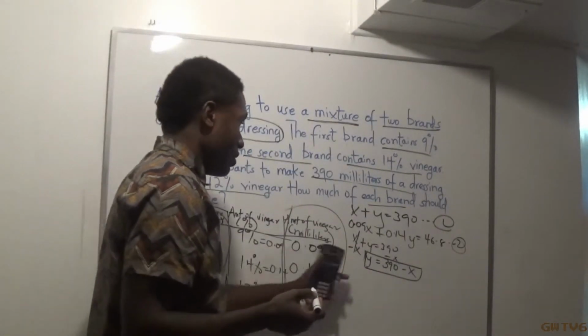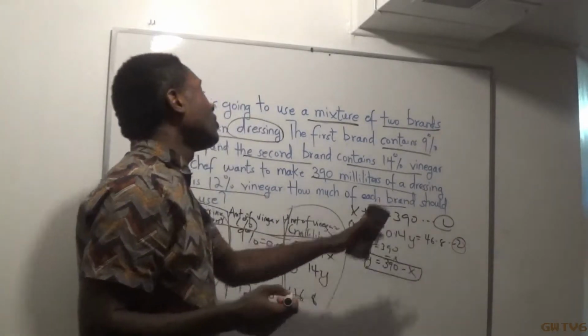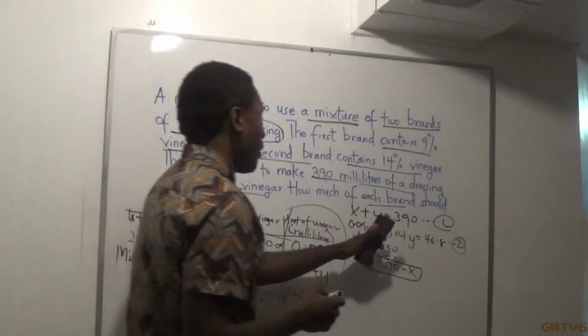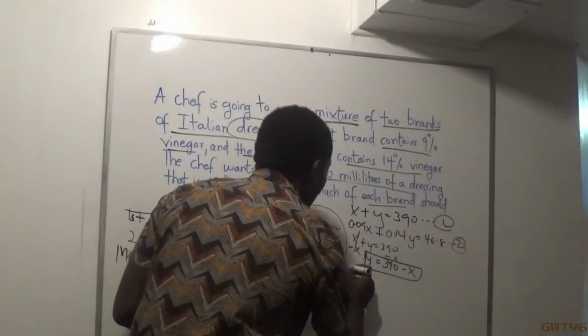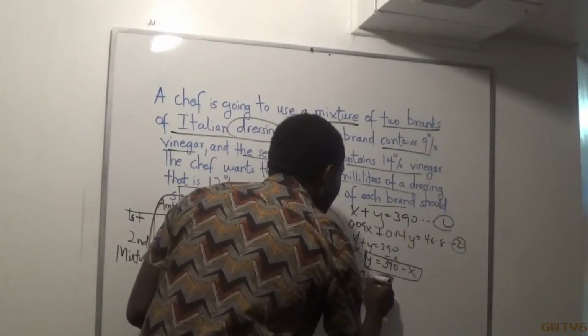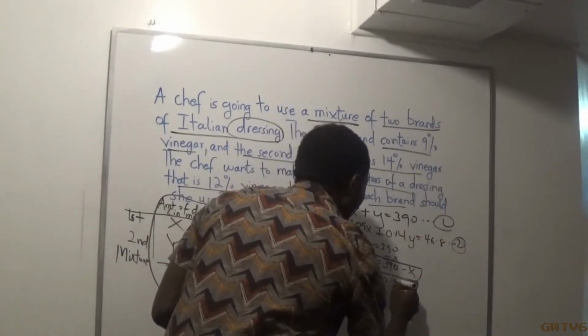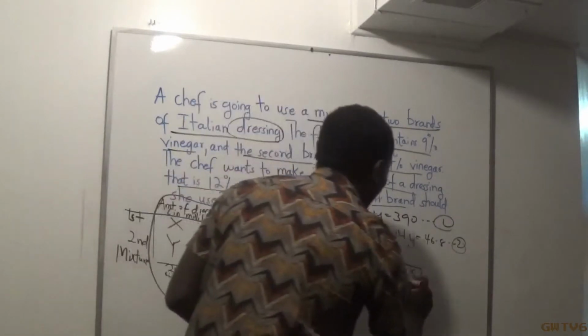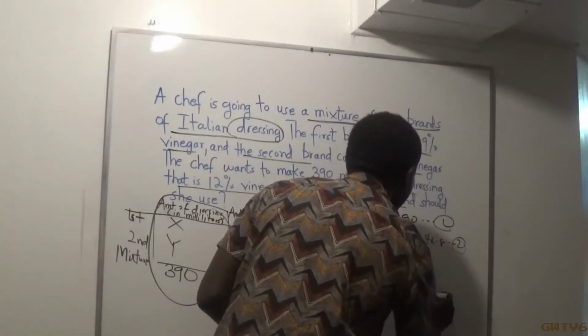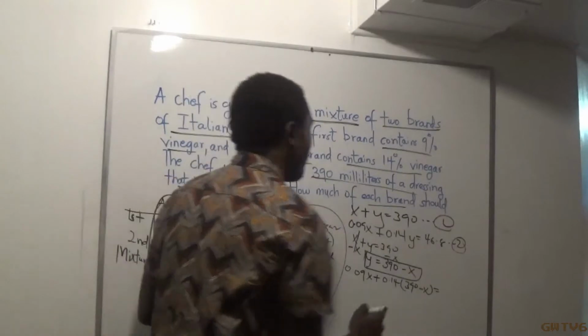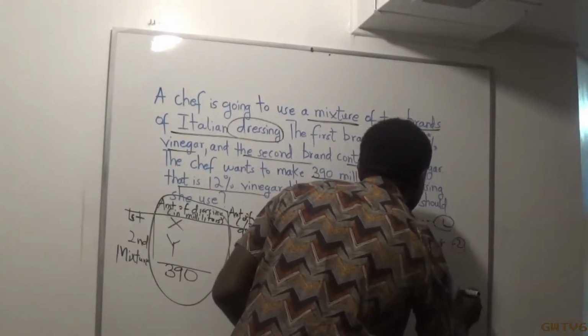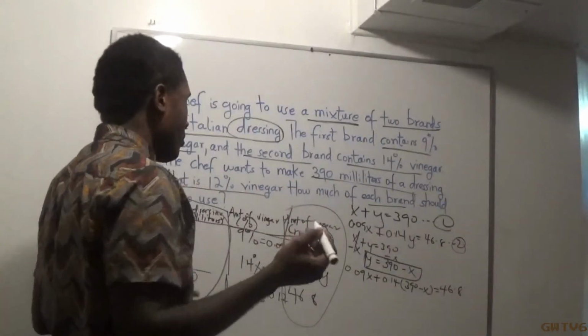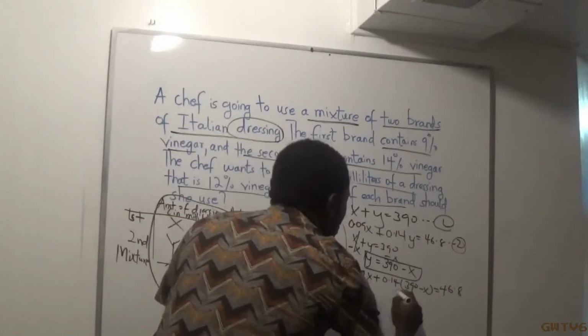And with the substitution method, you can just plug this one into the other equation. So I'm going to plug it into this equation for the y. So I got 0.09x plus 0.14, and my y, I have 390 minus x, equals 46.8. I'm just going to go ahead and solve for my x. So I'm going to distribute here.